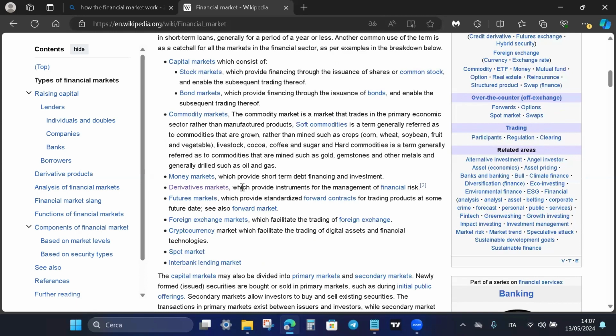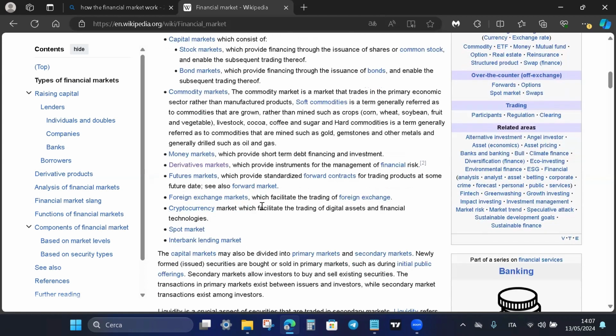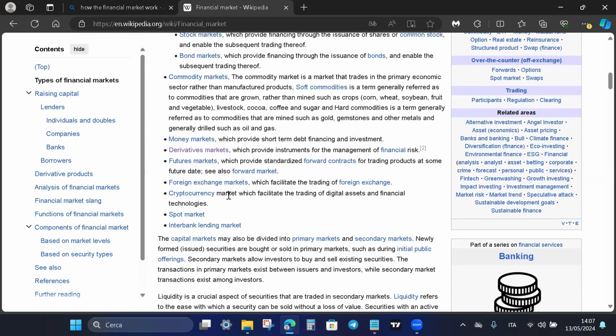So there are derivatives, which provide instruments for management of financial risk. There are futures markets, which provide standardized forward contracts for trading products at some future date. Foreign exchange market, which facilitates the trade of foreign currencies like euro, dollar, pound, whatever.